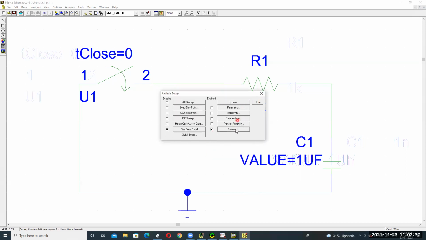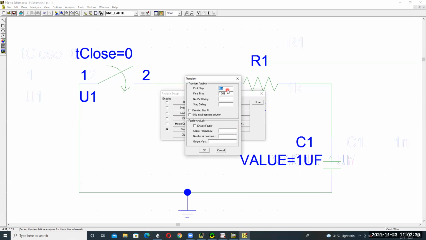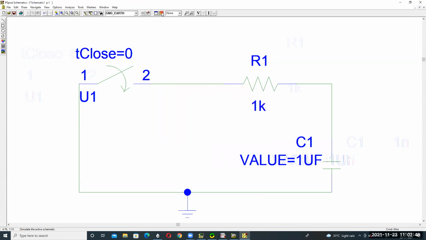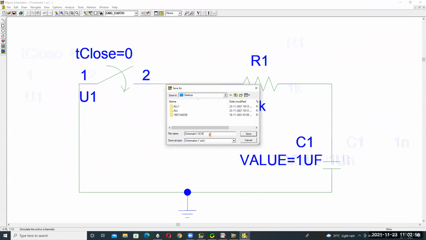Then close. For the print step, take 1 nanosecond. Then close, go to simulate, press the simulate button, and save this schematic.